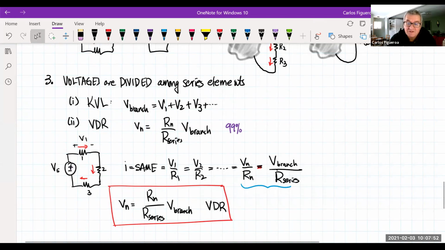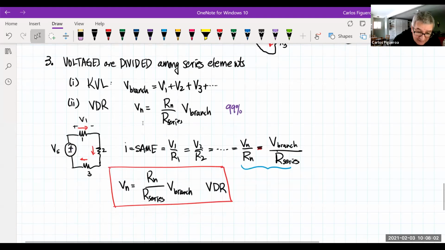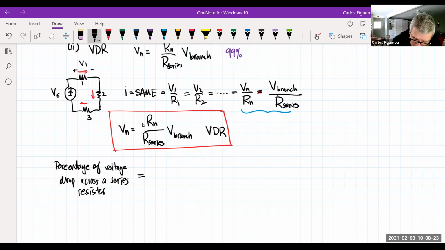So when you look at the voltage divider rule, what is it really telling you? It tells us that the percentage of voltage drop across a series resistor is equal to Rn over R series.